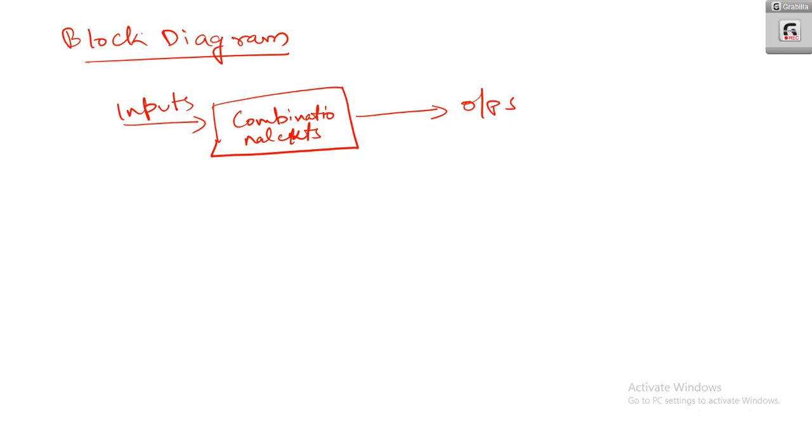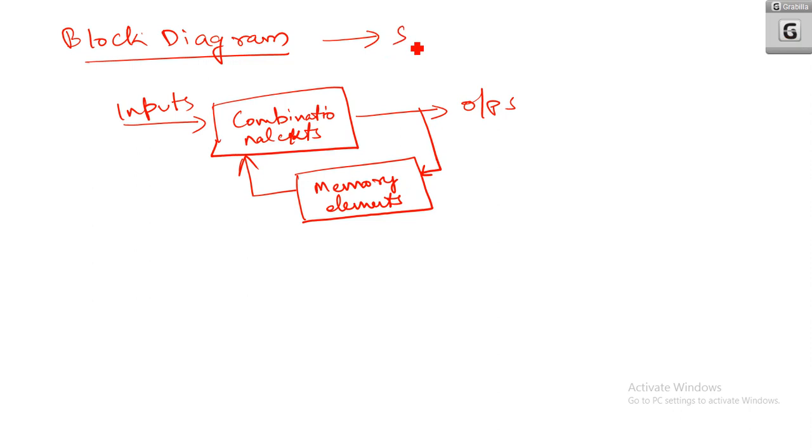Here, the only thing we need to incorporate is some memory. If you are able to incorporate memory elements into a combinational circuit, then it becomes a sequential circuit. So that is the basic block diagram of a sequential circuit.